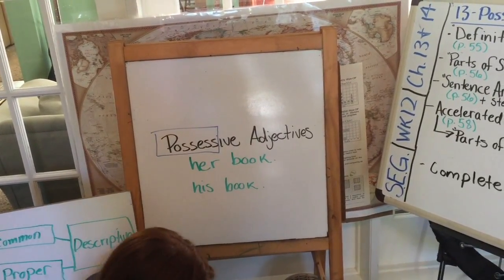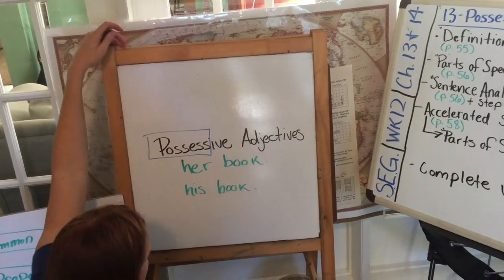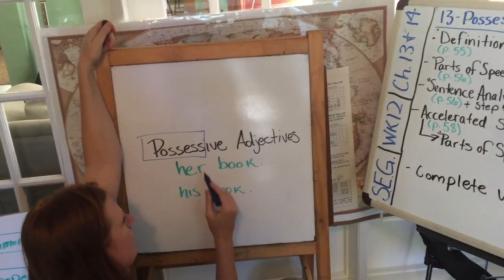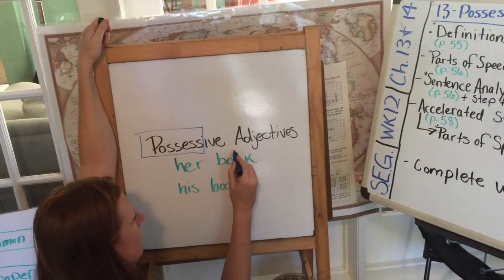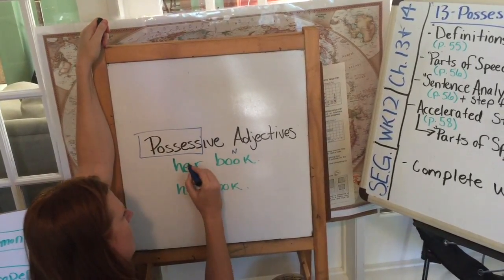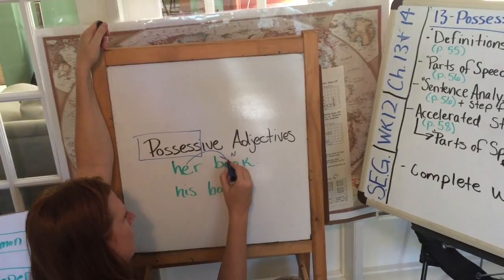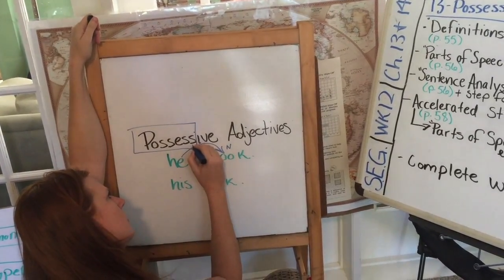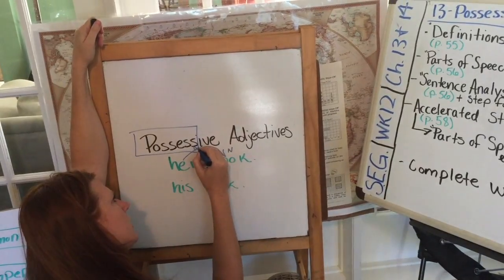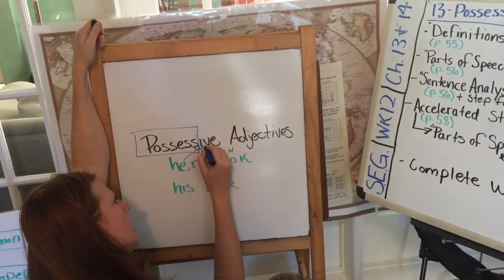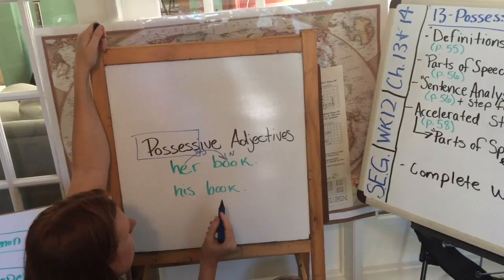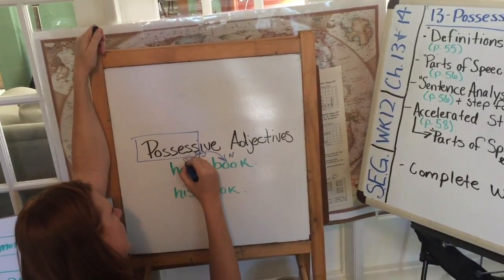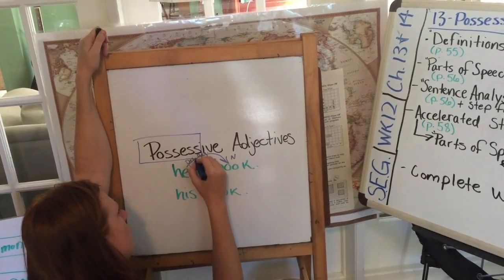Her book. Book is our noun, right? The adjective tells who owns the book: her. It's an adjective, but because it's a possessive adjective, we're going to add POS in front of ADJ.